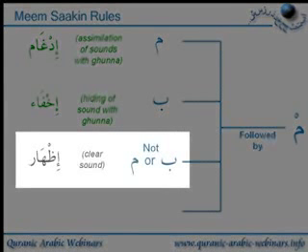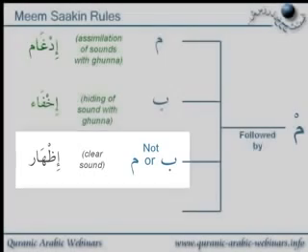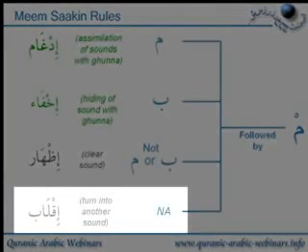If the Meem Saakin is not followed by either the Ba or the Meem, i.e. the previous 2 rules, then we do Izhar, which means to pronounce clearly, i.e. we're not going to do anything special, just read it as per normal. And the last rule here we've put as not applicable, because the term Iqlaab, which means changing the sound of one letter into another, does not apply to Meem Saakin.